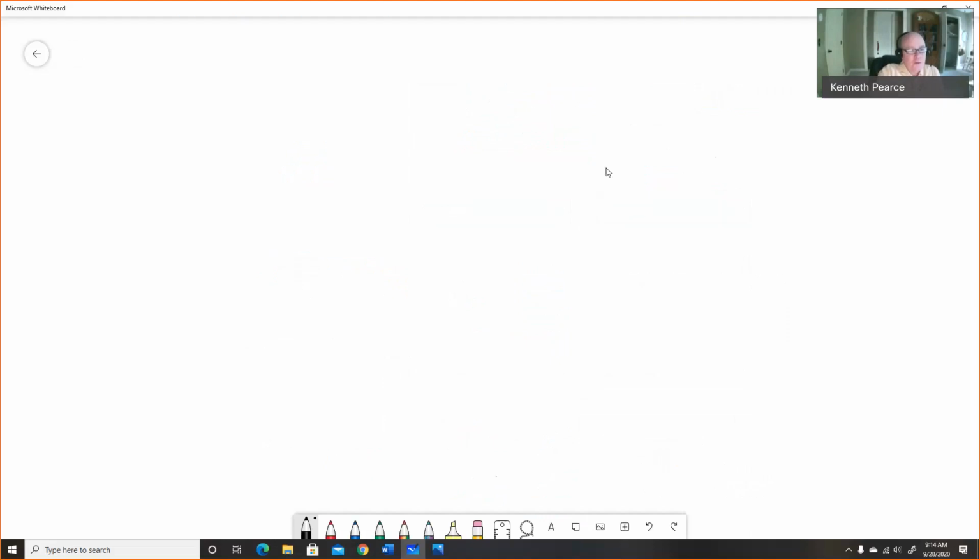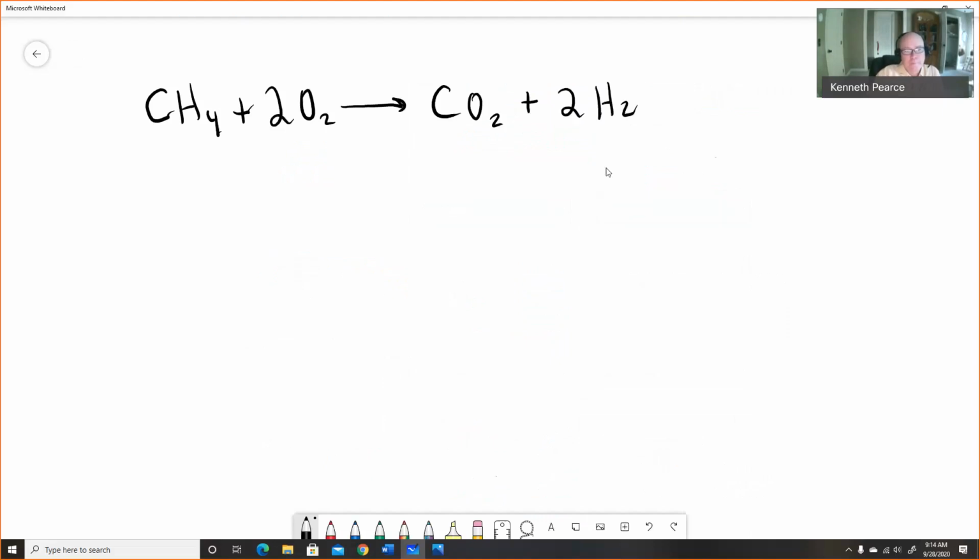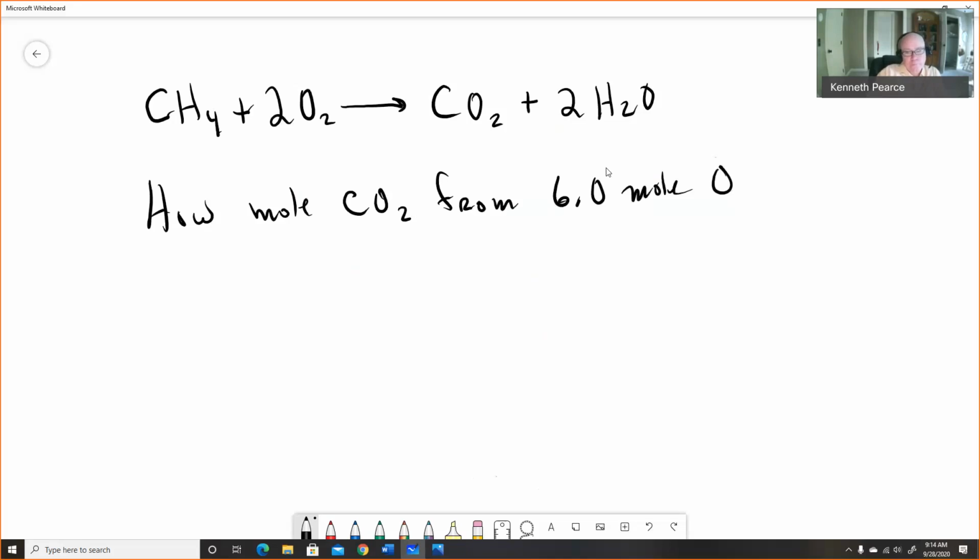And let's say we had this combustion reaction balanced. And I want to know how many mole CO2 from, let's say, 6.0 mole O2.